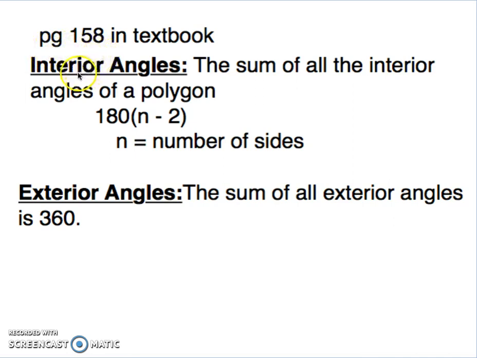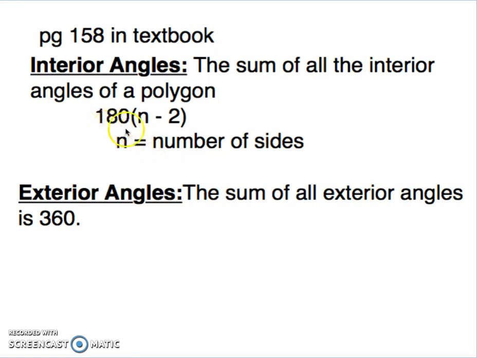These are the 2 theorems that we will be working with this section. Interior angles is the sum of all the interior angles of a polygon. So this is the formula you can use to figure out the interior angle sum of a polygon, since it varies depending on the number of sides of the polygon.